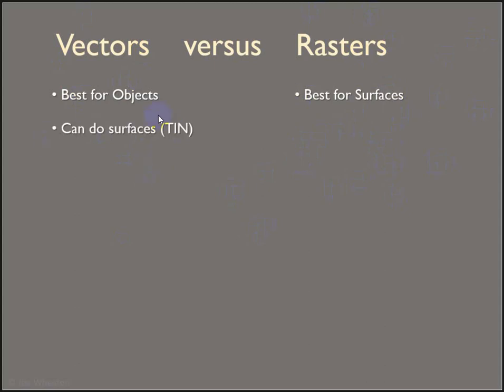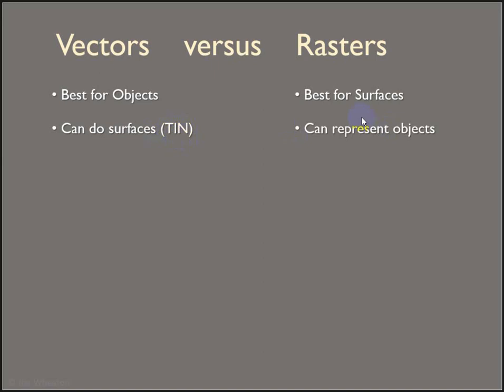You can build surfaces with vectors. They're called triangulated irregular networks, and basically you have interpolated faceted surfaces, triangle-shaped surfaces connecting known elevations. The bummer about those is that they're really computationally difficult to manipulate, but they do sometimes represent surfaces more accurately than rasters. They're just really hard to work with.